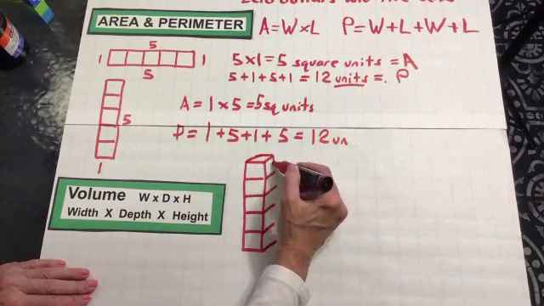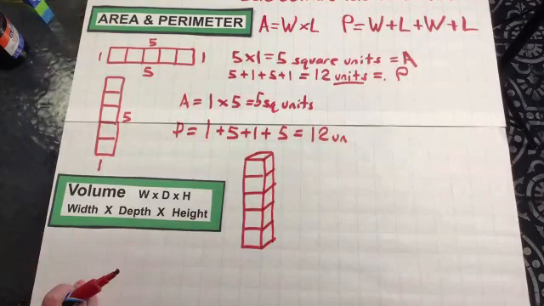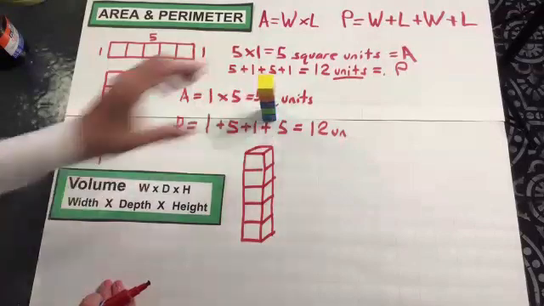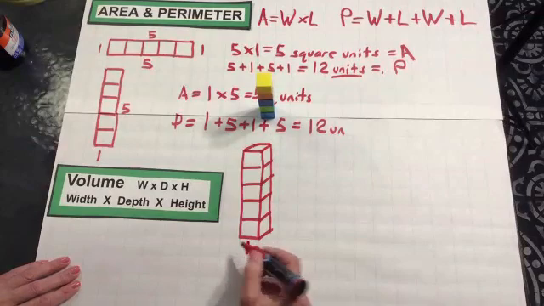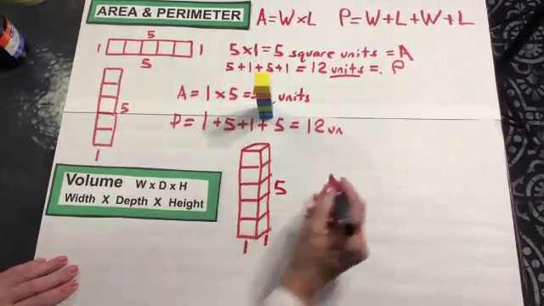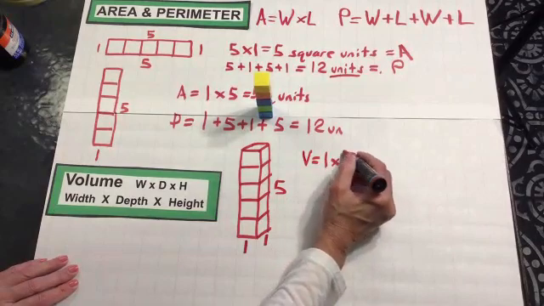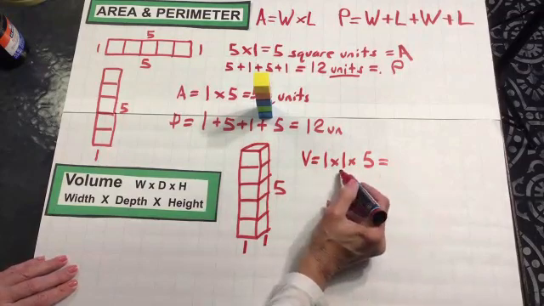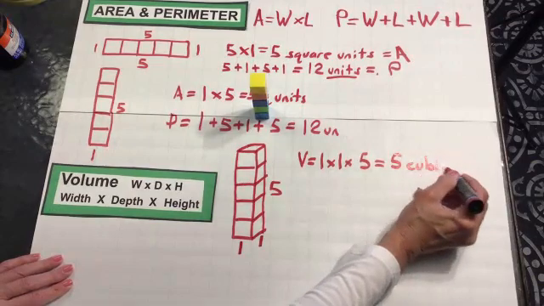Then we're going to connect those ends. And there we have a beautiful vertical cube stack. So it is a 1 wide by 1 deep by 5 tall. So the volume would equal 1 times 1 times 5, 3-dimensional. So 1 times 1 is 1 times 5 is 5 cubic units.